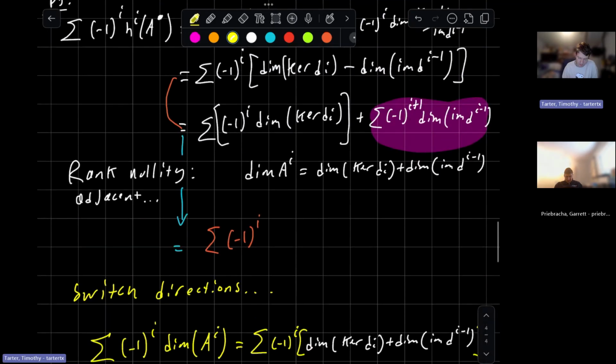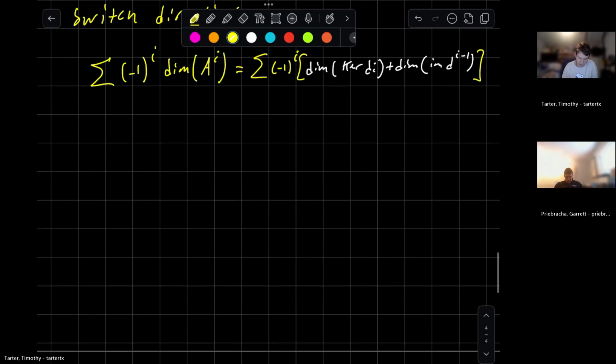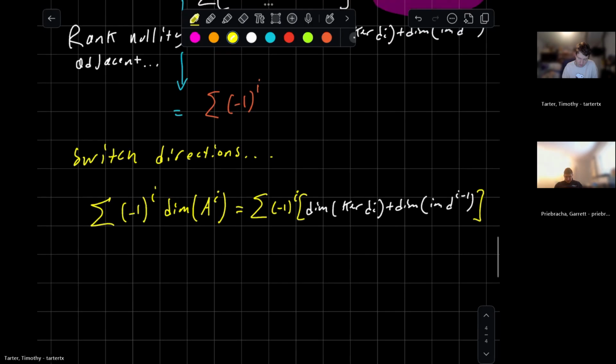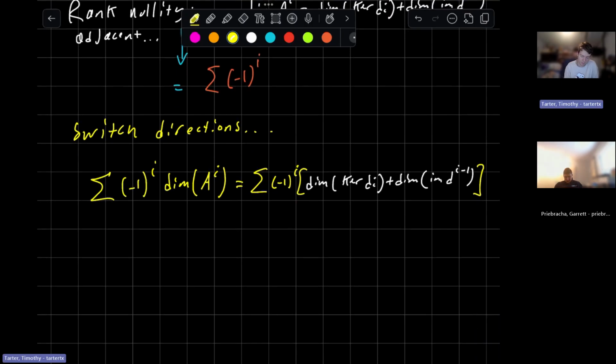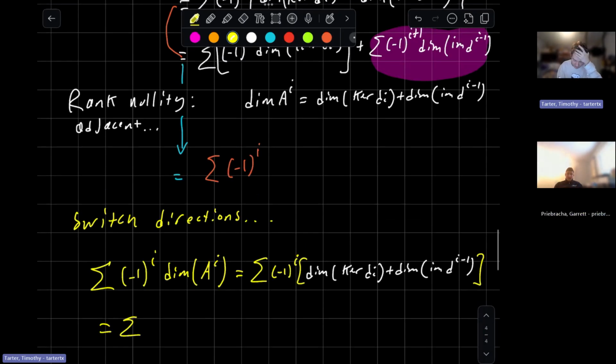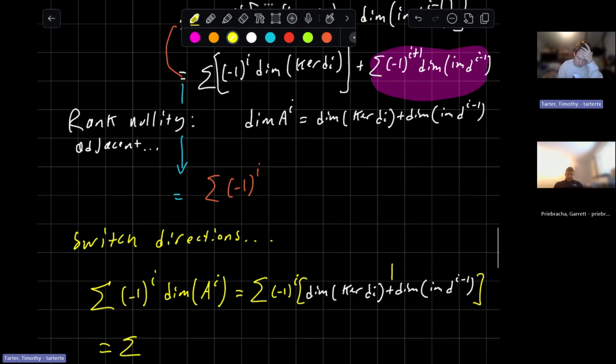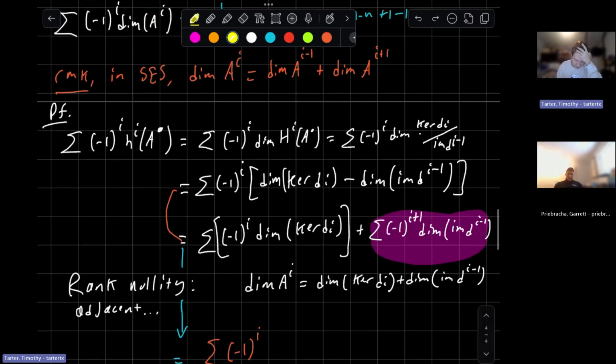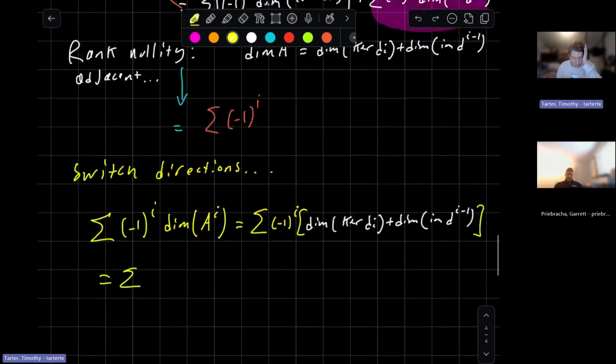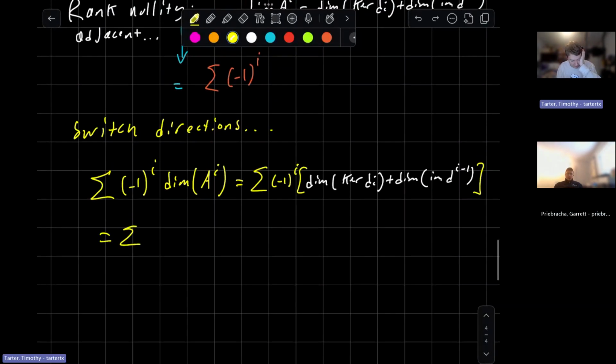And so this is equal to the dimension... the linearity thing is killing me. I need this to be a plus, or I need this to be a minus, but it's a plus, and I don't know what to do with that.